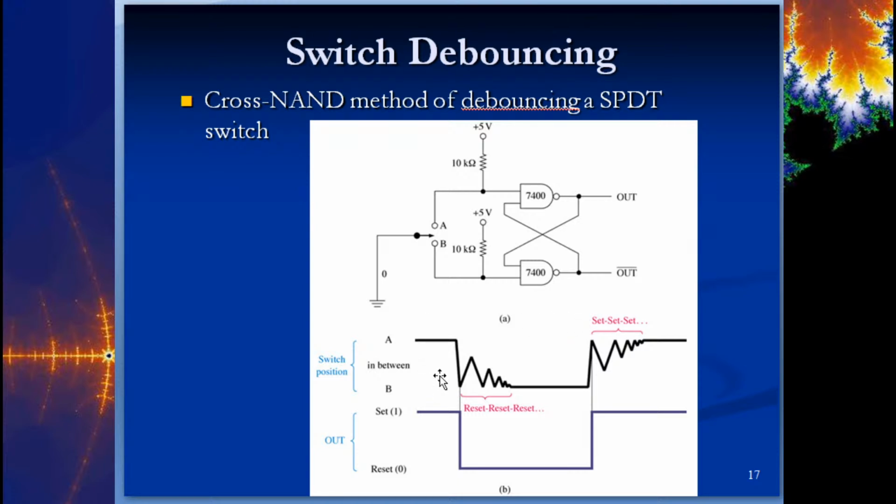So as soon as it hits the low here, it's in a constant reset condition, and up here it's in a constant set condition. So this cross-coupled NAND scheme prevents that bouncing from changing the output.